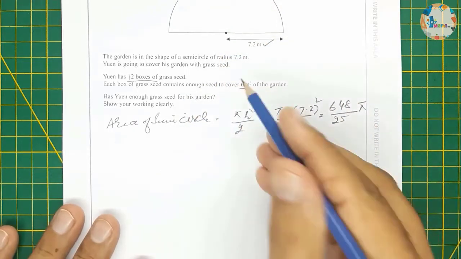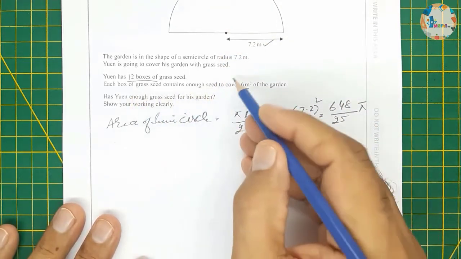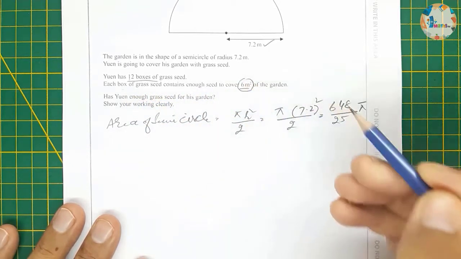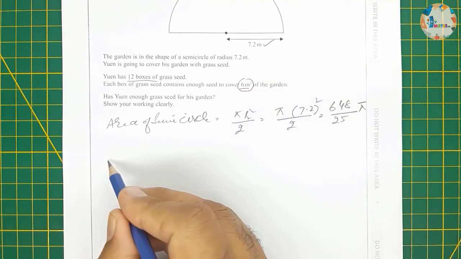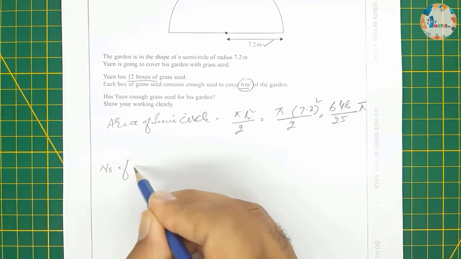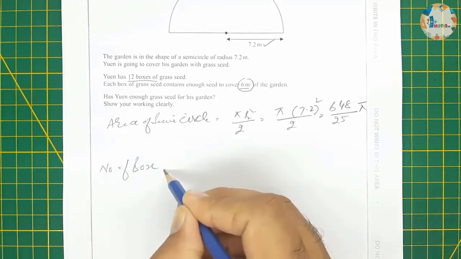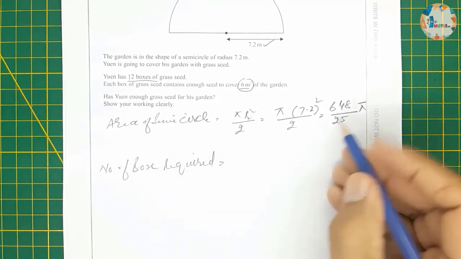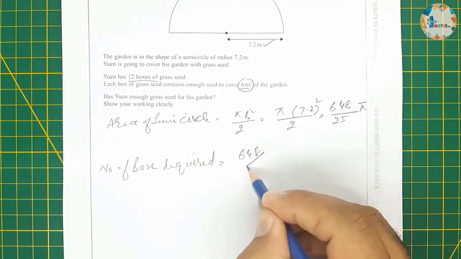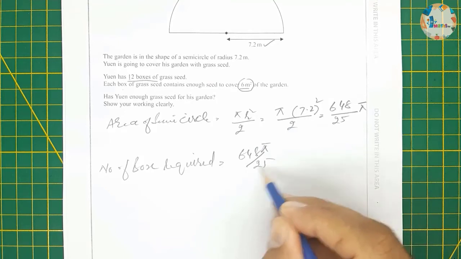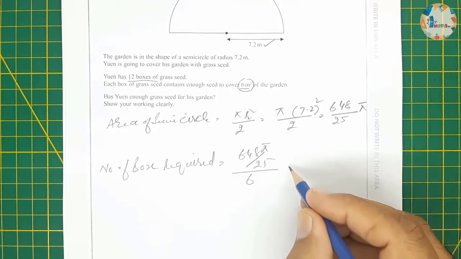Now each seed box is covering 6 meters squared, so we will calculate the number of boxes. Number of boxes required will be equal to 648 pi over 25, divided by 6.